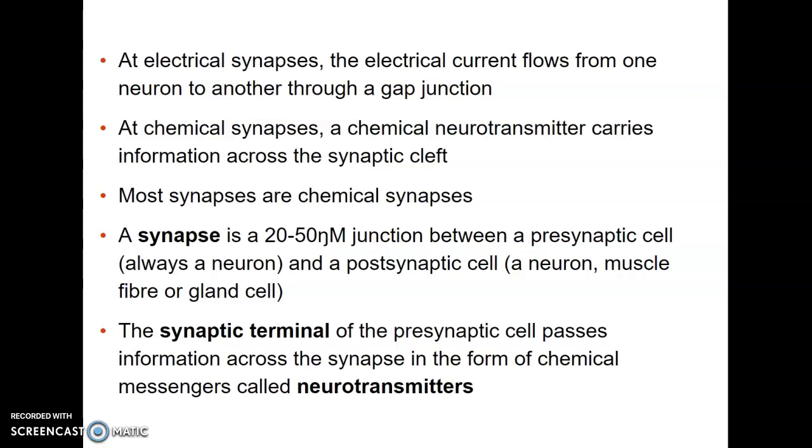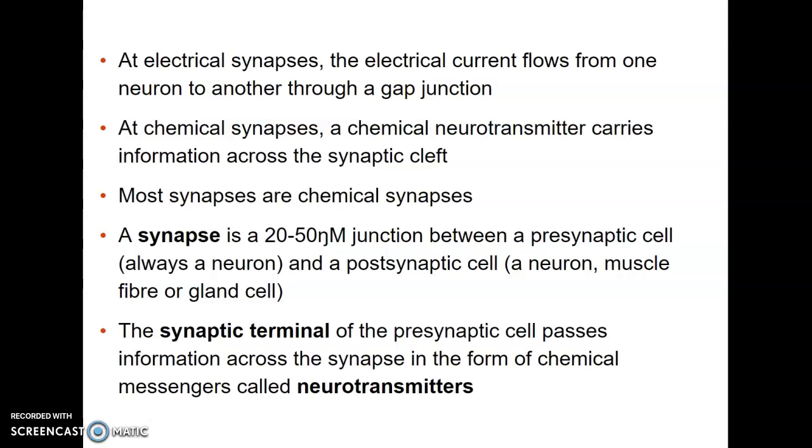So a synapse is just a cellular junction between a presynaptic cell, which is always a neuron, and a postsynaptic cell, which could be a neuron, a glandular cell, or the muscle fiber at a neuromuscular junction. So the downstream cell could be one of several different options, but the presynaptic cell is always a neuron. At the synaptic terminus, the wave of depolarization is going to cause the release of a chemical, and those chemicals, those messengers, are called neurotransmitters.